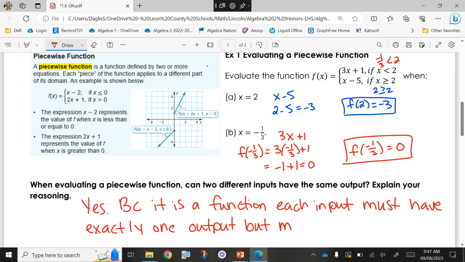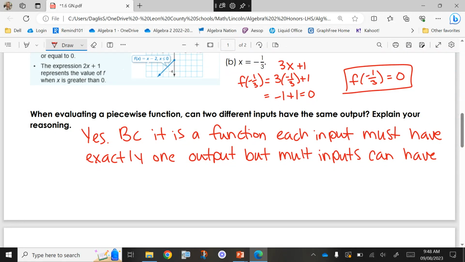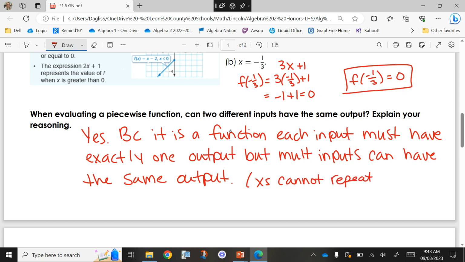But multiple inputs can have the same output. So again, x's cannot repeat, but y's can. Your inputs cannot repeat, but your outputs are allowed to repeat.